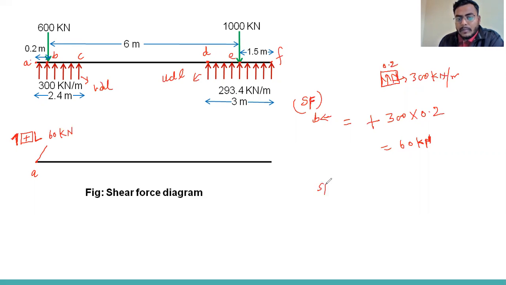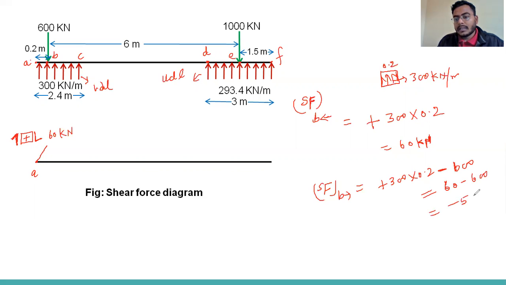So if you want to calculate the shear force at B, just right side of this B, you will get plus 300 into 0.2, minus 600, since downward direction is negative. So you will get 60 minus 600, that is minus 540 kilonewton. So you will find a sudden change at this point, and that is minus 540 kilonewton.